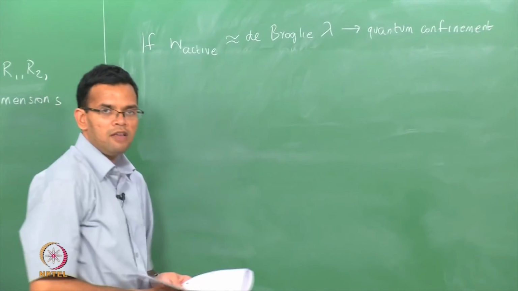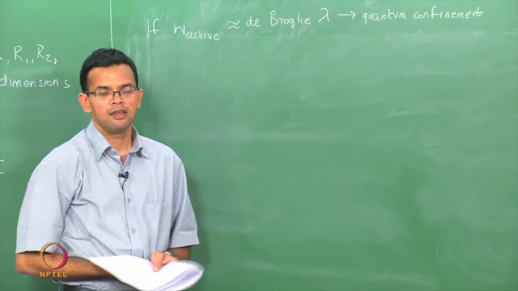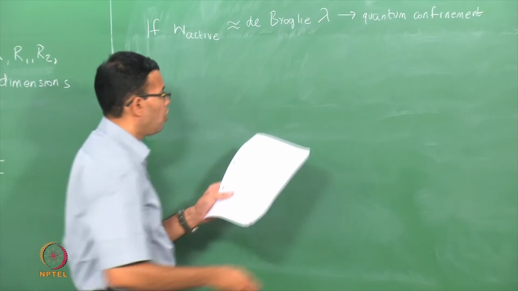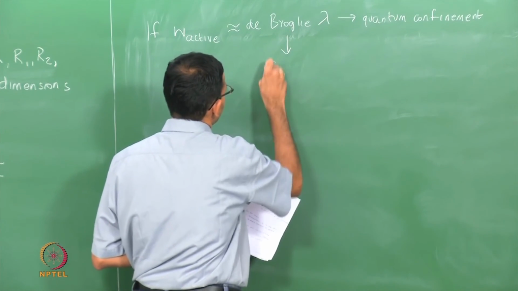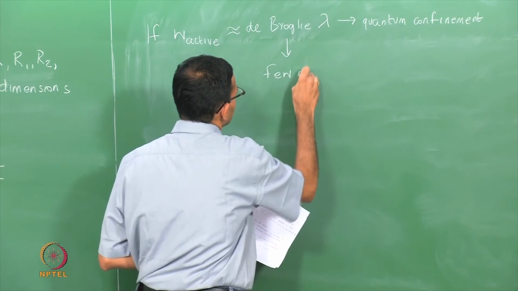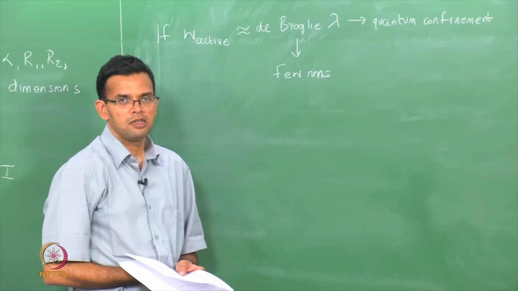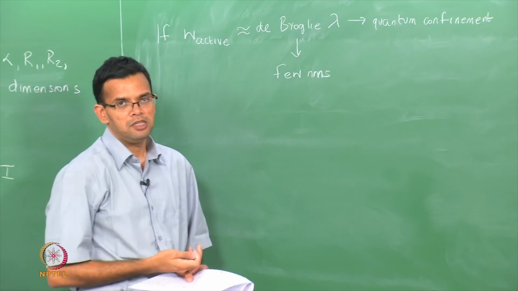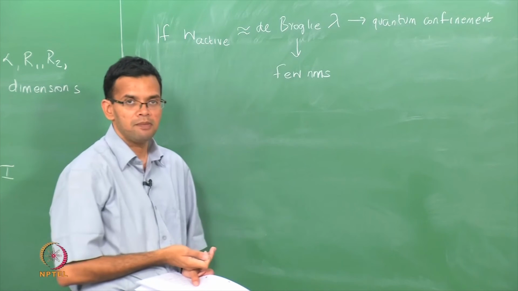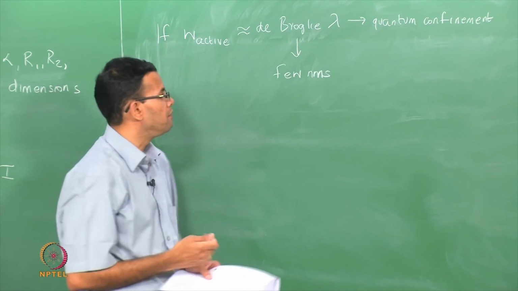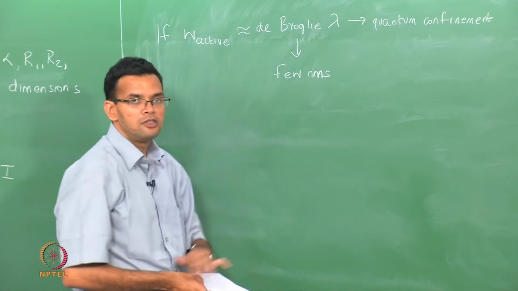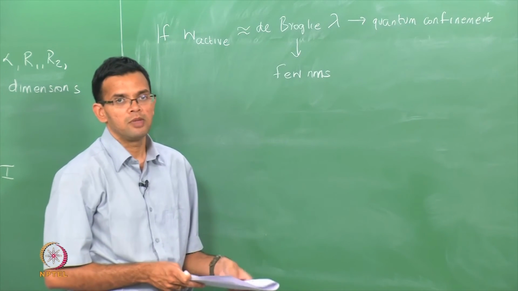Now, the de Broglie wavelength is usually of the order of a few nanometers. So, one can do a simple calculation relating the thermal energy to the momentum, and from which we can calculate the wavelength. If you do that, it is usually of the order of a few nanometers.